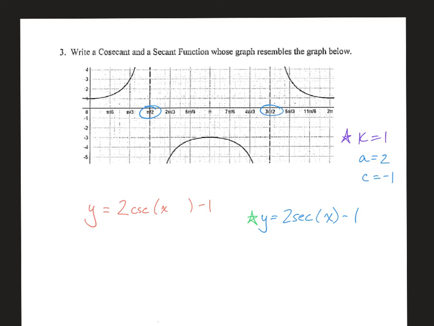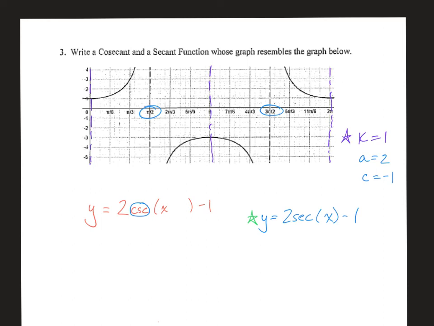If you think back to where your asymptotes are on your cosecant graph, you would normally have an asymptote at 0, an asymptote at pi, and an asymptote at 2 pi.